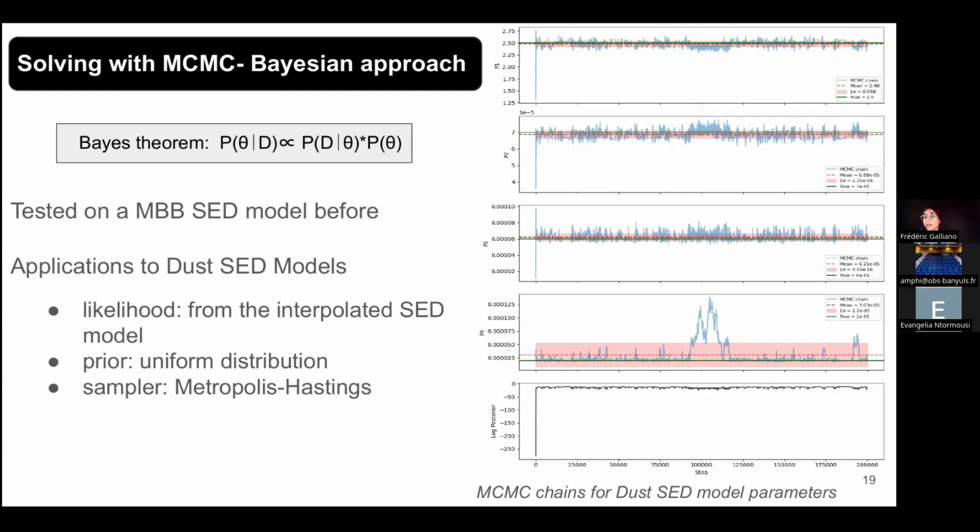And finally, as a result, we have found different things, but among them, we can say that we have found that P1, the intensity of the radiation, is anticorrelated with P4, that is the parameter that describes one of the types of grain abundance, and also that P4 doesn't really converge very well to a single value as the other parameters do.